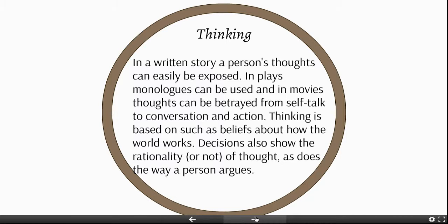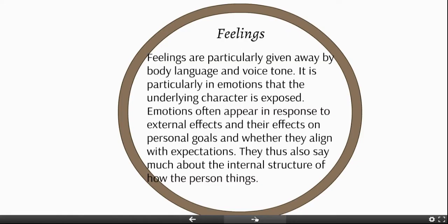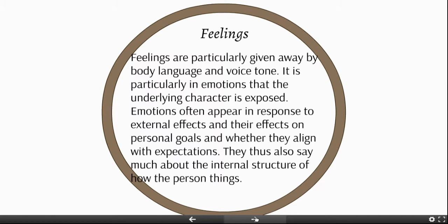So the way people think tells us how they think about the world. And their feelings, it kind of goes along with thoughts. Their feelings are a giveaway of what kind of person they are. That exposes their character. Somebody who flies off the handle and is angry, that kind of emotion will tell us something about them.